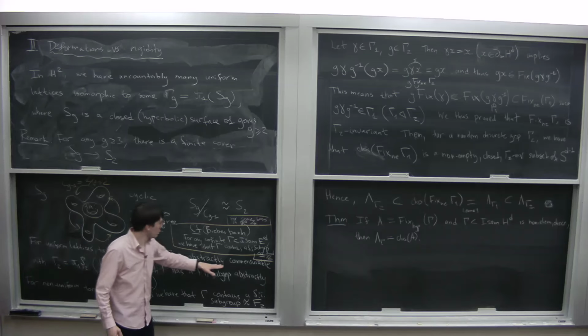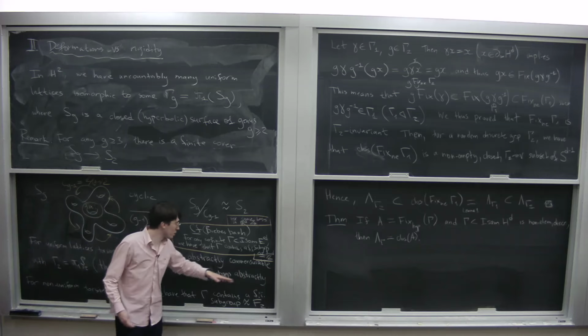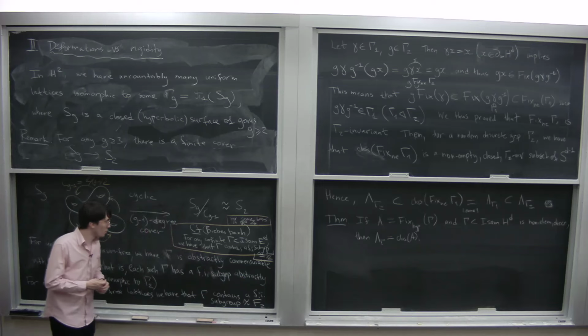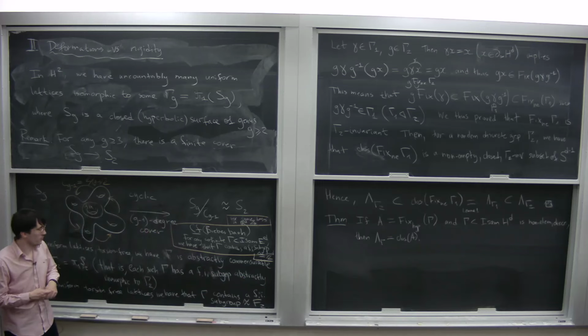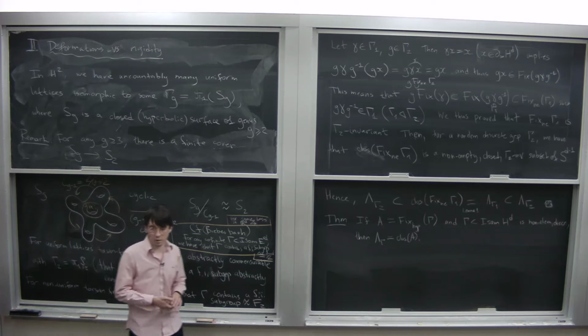Basically, abstract commensurability means that the intersection is of finite index without any relation to the geometry, right?